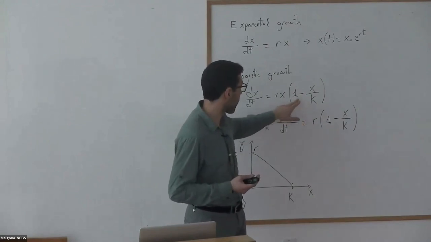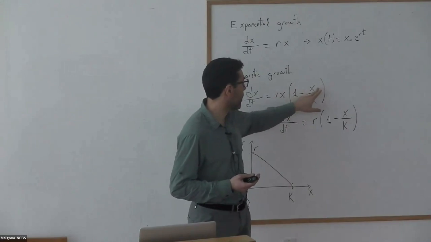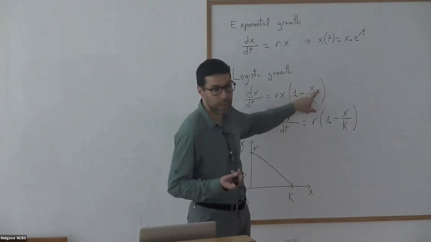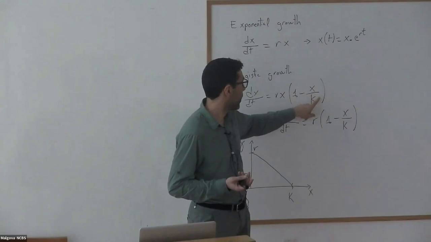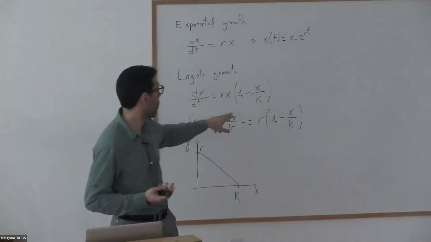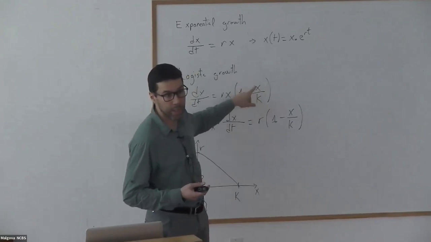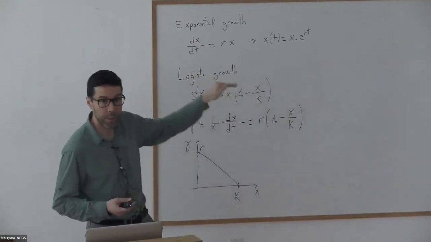So now we add this term that captures the competition with the individuals from the same species, and this constant k is the carrying capacity of the system. When x reaches this k, then this term will be 0, and then growth is stopped.